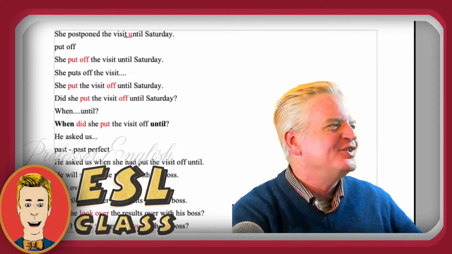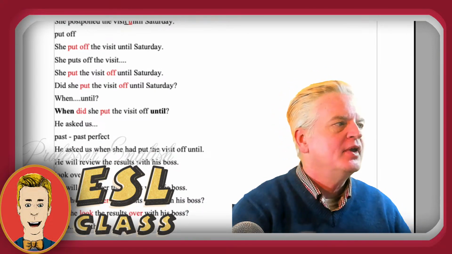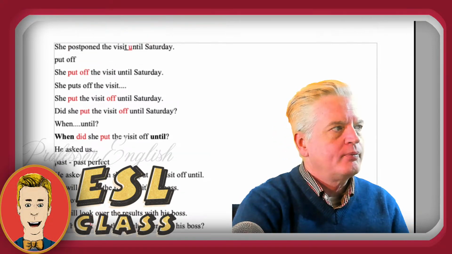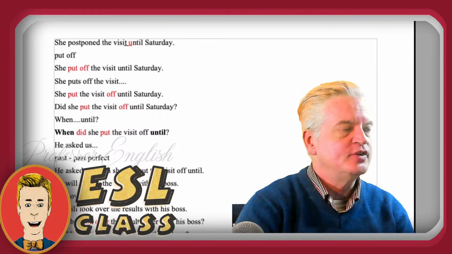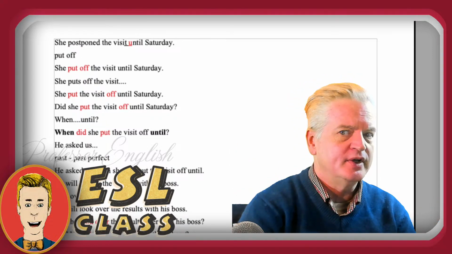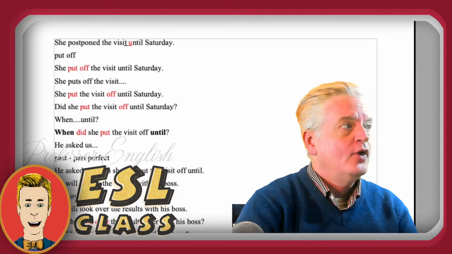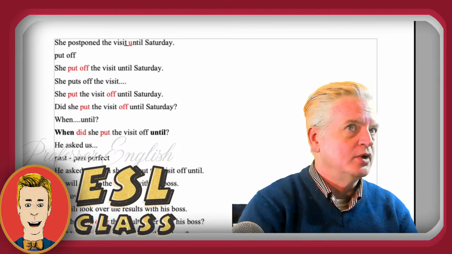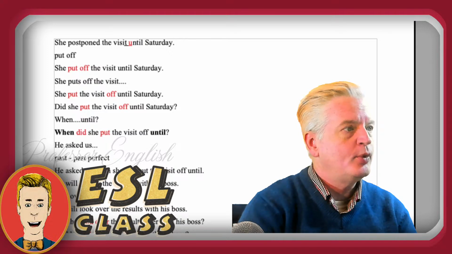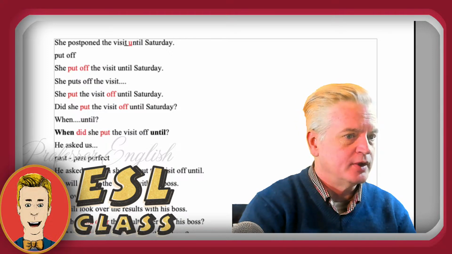Okay, so we have: she postponed the visit until Saturday. Now, it's perfectly fine to say postpone in English, just like you could in Romance languages. But we have our own special word for postpone, which is put off. It's a phrasal verb.